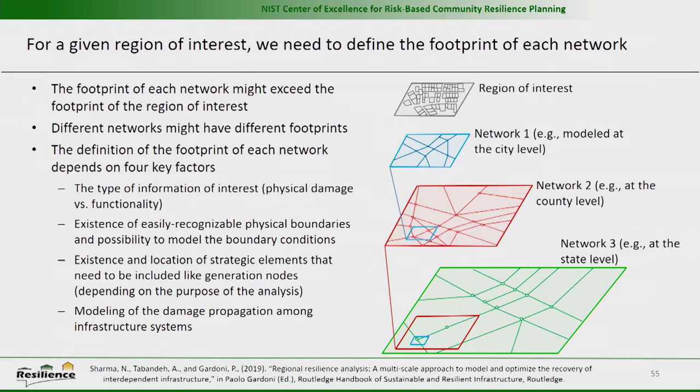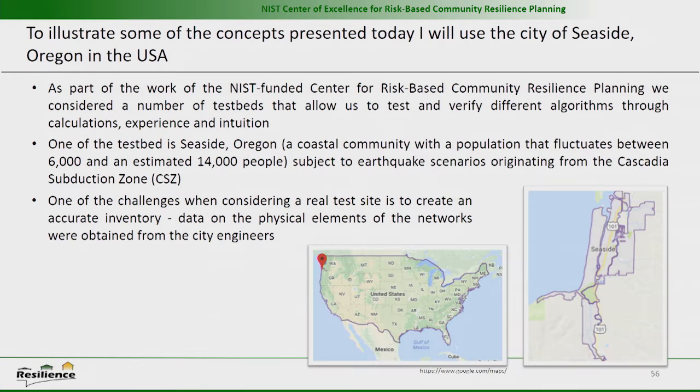And in general, the definition of each network depends on 4 key factors: the type of information of interest, whether it's physical damage or loss of functionality, the existence of easily recognizable physical boundaries and the possibility to model such boundary conditions, the existence and location of strategic elements that need to be included, like generation nodes, and the need for modeling the damage propagation among infrastructure systems.